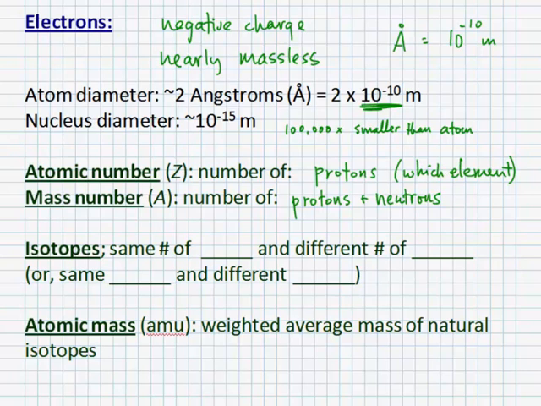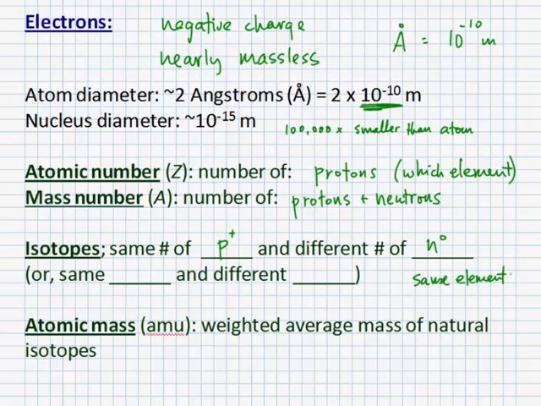So isotopes are defined as having the same number of protons, call those P+, and different number of neutrons. So if I have 2 or 3 or 4 atoms, they all have the same number of protons. That means they're the same element. That's important.